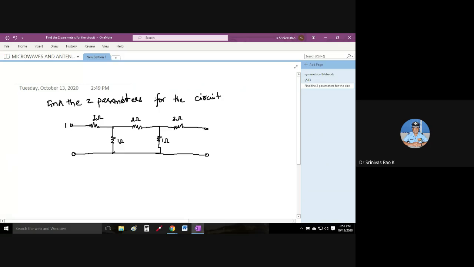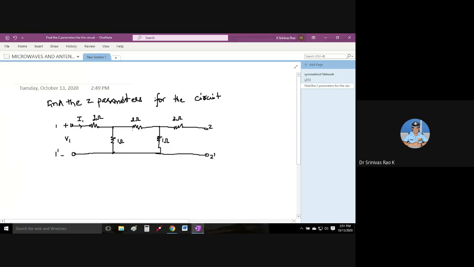Can you be able to do it? You must have done it in previous sessions, maybe in 3rd semester or 5th semester. This is current I1. I'll give a hint, you can try at home. This is port number 2, so I'll write 2 and 2 dash, and we have 1 and 1 dash.